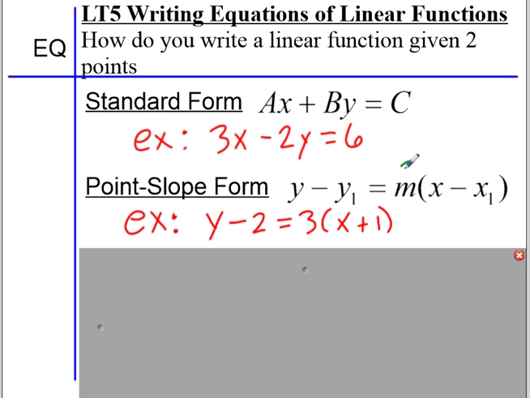So again, m is slope, and this is part of our point. And the y is also a part of our point.